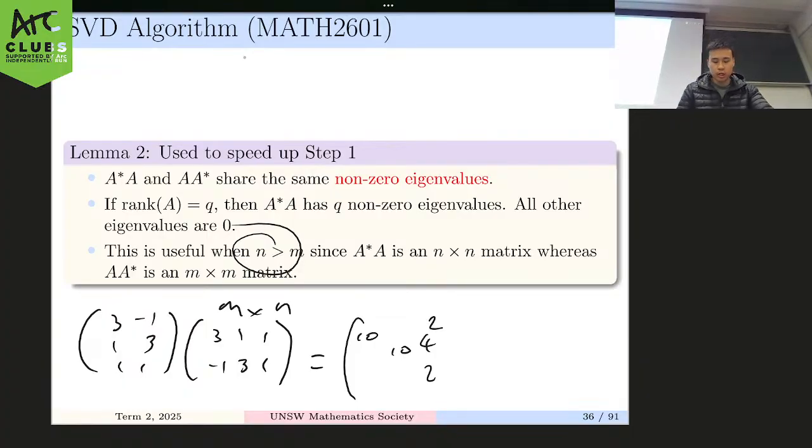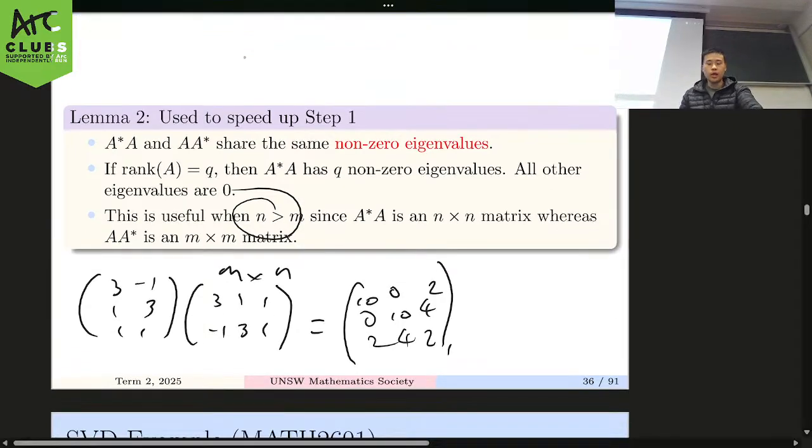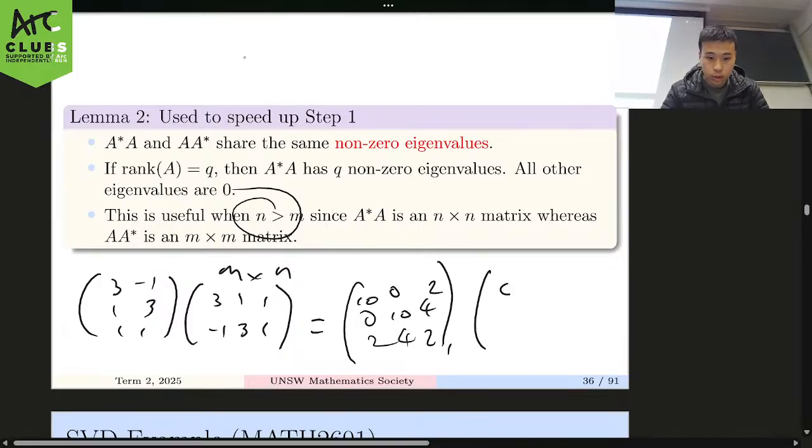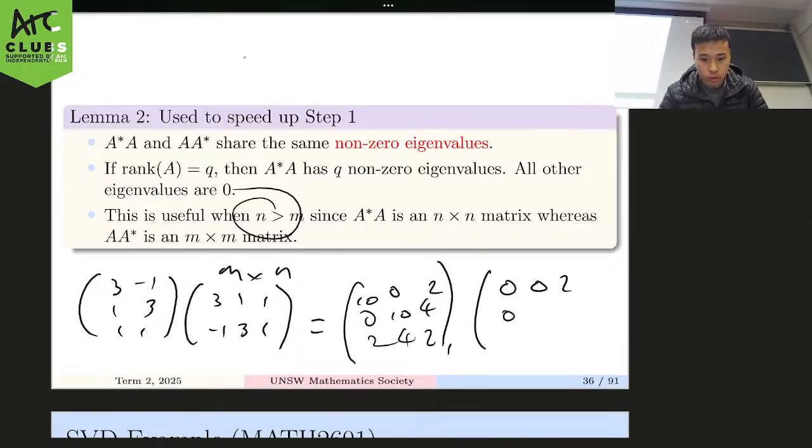Then we use the symmetric property of this. The eigenvalues are still the same, so you can still do the minus 10 and all that. So 0, 0, 0, 0, 0, 4, 2, 4, minus 8.